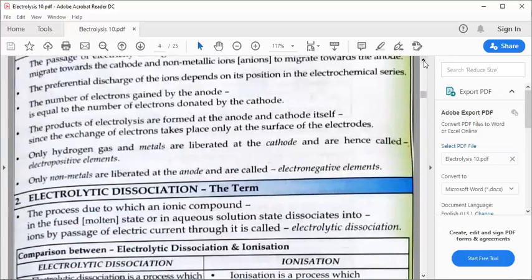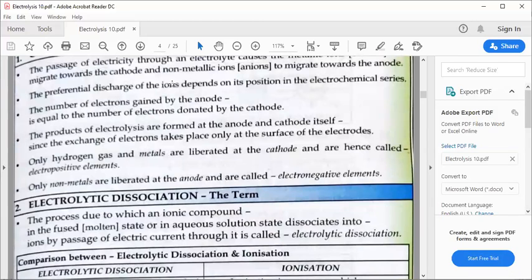So we have studied that the preferential discharge of the ion depends on the position in the electrochemical series. I hope I explained the meaning of this line. The number of electrons gained by the anode is the same as the number of electrons donated by the cathode. The hydroxyl ion will deposit its electron to the anode, that electron will flow through the circuit and come to the cathode, and the cathode will be negative.